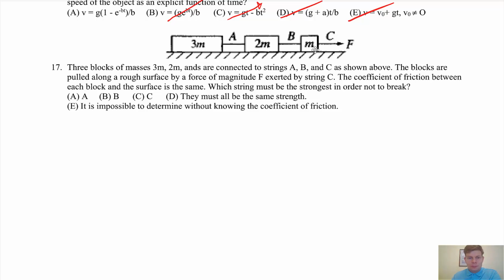So it has to pull the coefficient of friction times 6M. B has to pull coefficient of friction times 5M, and A has to pull coefficient of friction times 3M. Oh, and all of that times g as well. All right, that's that sucker. So C has to be the strongest. And the previous one was that sucker.